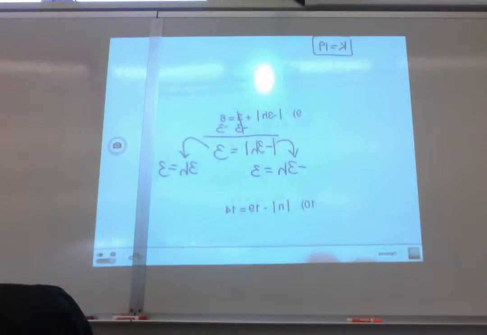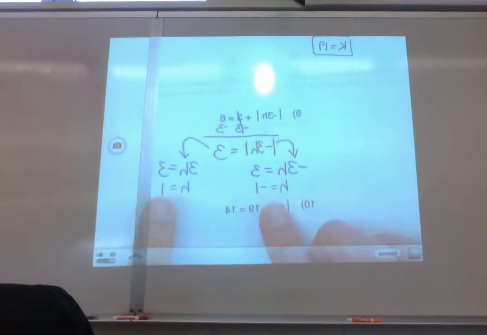Yes, Jerry. Wouldn't there be like more than two answers then? Because the negative 3h on the left side is in the absolute value. I think we could do this in a different way, but we're still going to have two answers. Okay, let's look at what we get. We get h equals negative 1. And h equals just 1.